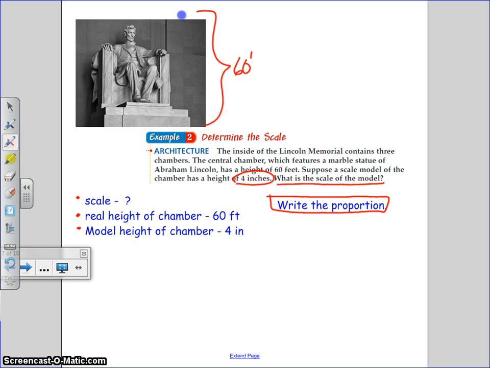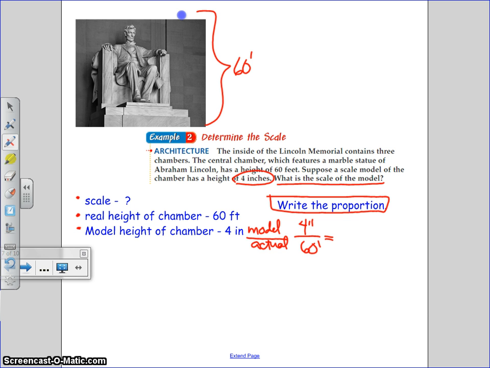Okay, so we don't know the scale. We know the model height and we know the real height. So we're going to put the model over the actual. So the model height is 4 inches over the actual height, which is 60 feet.